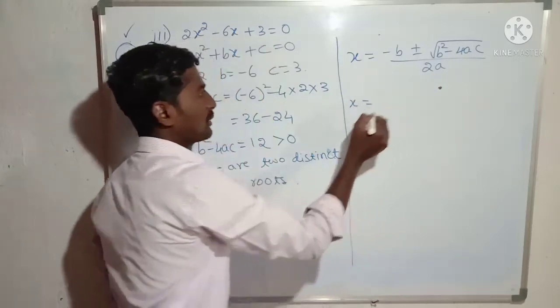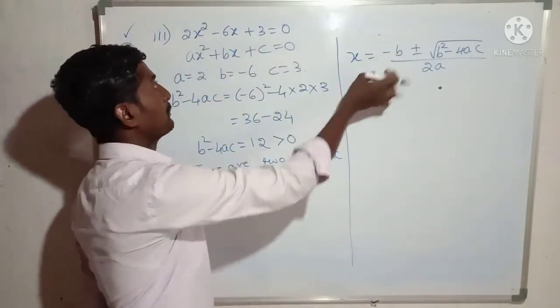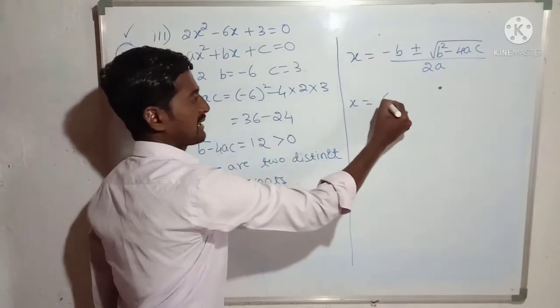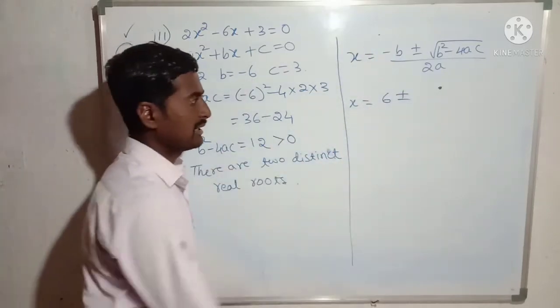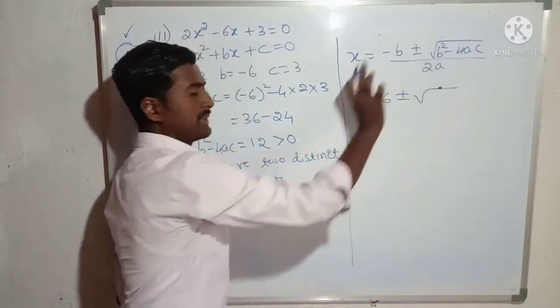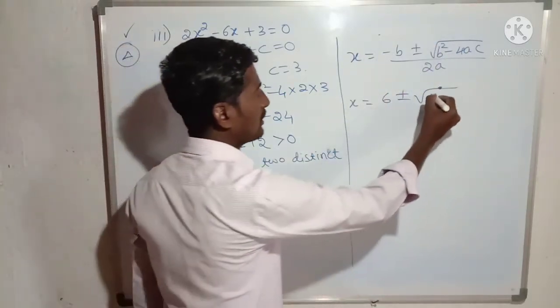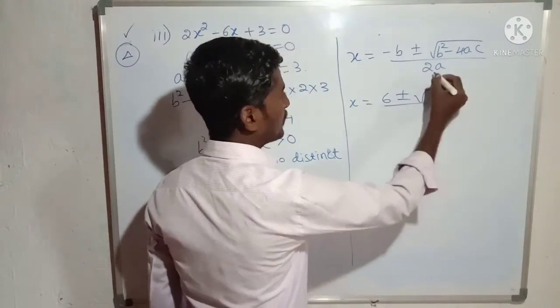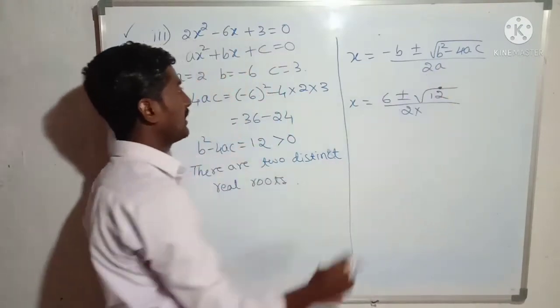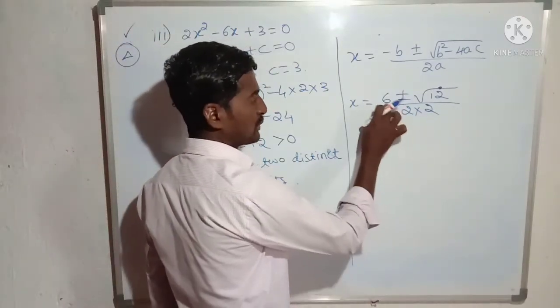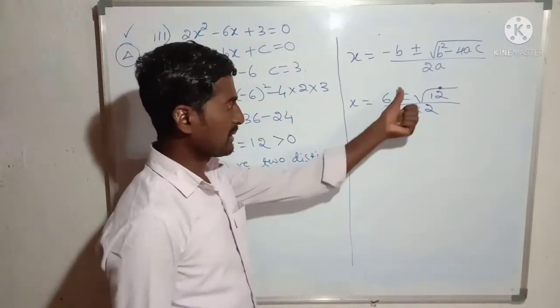Now x is equal to minus b; b value here is minus 6, minus into minus is plus 6, plus or minus under root of b square minus 4ac, which we already got as 12, divided by 2 into a. A value here is 2. Now you cannot cancel 2 here. So here the plus or minus term is there.